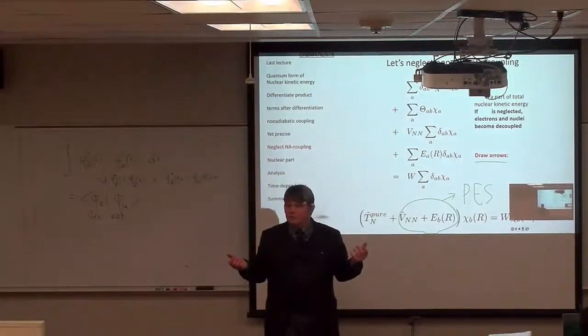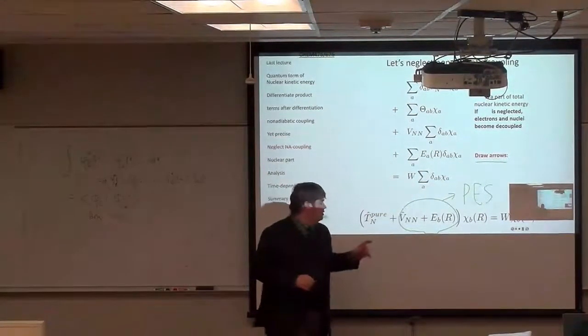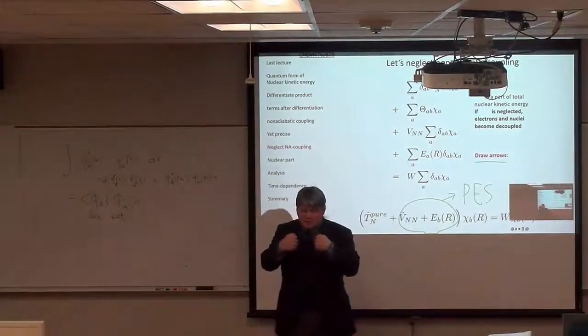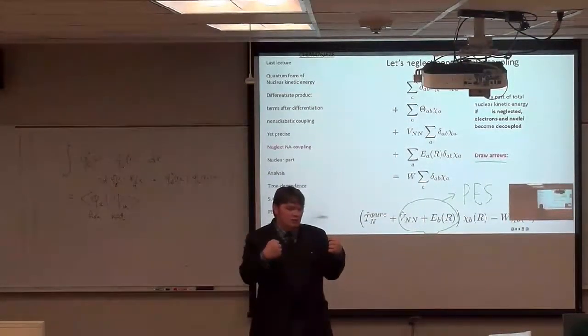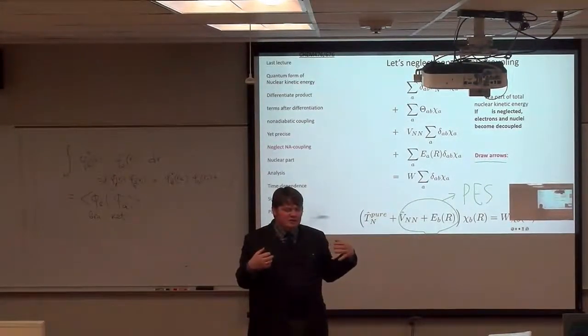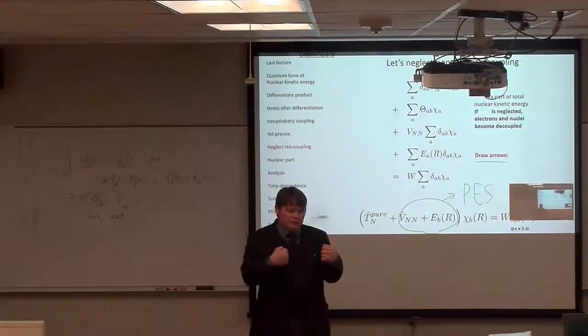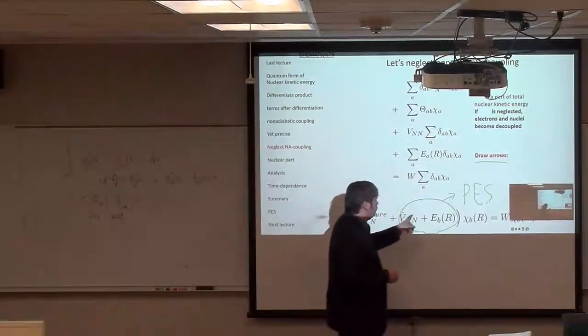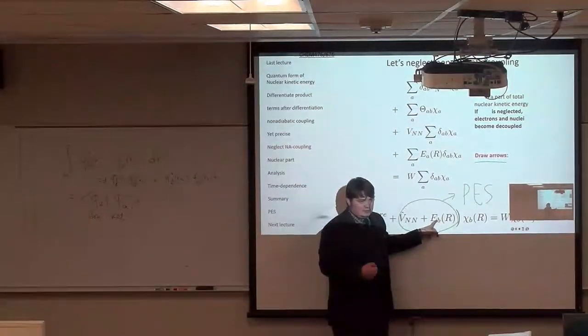So if you were relaxing, now it's time to wake up. There is something that we will not neglect. We will use it all the time. The potential energy surface, which means potentials, or you can easily convert it into forces between each pair of nuclei, does depend on the electronic state.